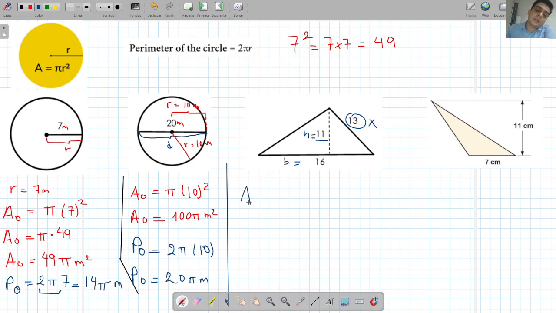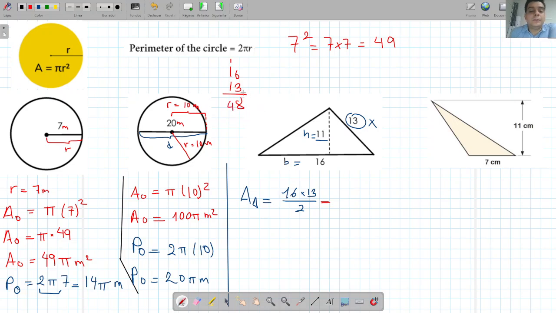Now the area of the triangle is going to be base times height divided by 2. If you don't remember, what we can do here is just multiply 16 times 13. I'm not going to use a calculator for this. 3 times 6 is 18. We got 1.